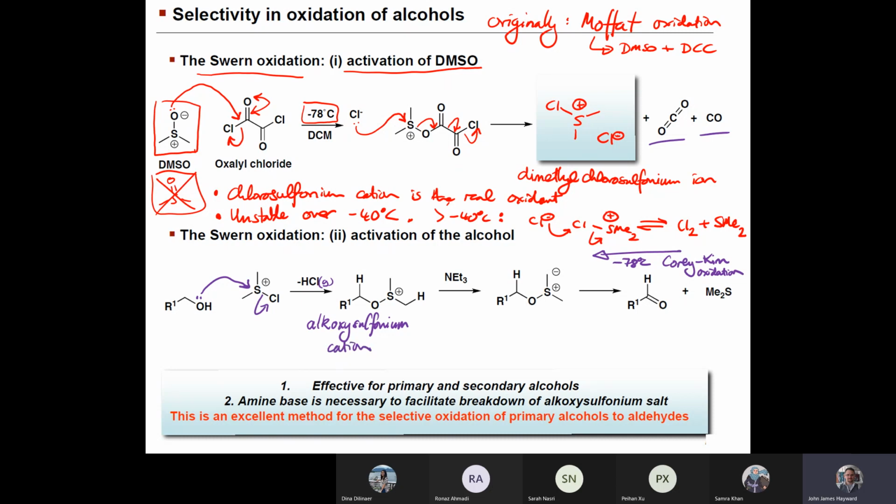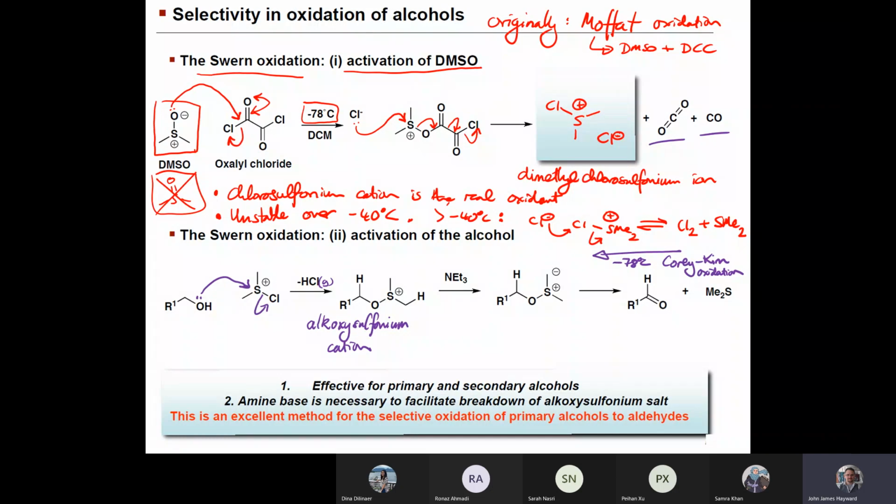And it's important that you have to premix your DMSO and your oxalyl chloride at minus 78, and then you add your alcohol still at minus 78 before you allow it to warm up at all, though often you keep this at minus 78. And then you treat it with triethylamine.